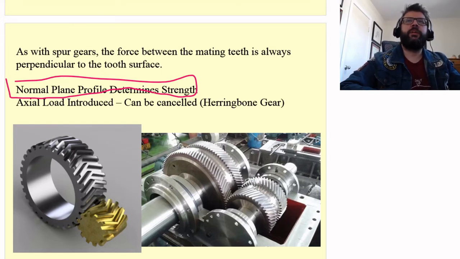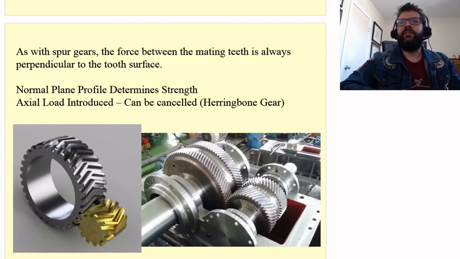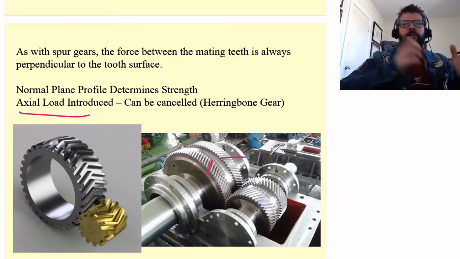The other thing that comes into play here is that since we have forces that are perpendicular to the tooth surface, and that tooth surface is no longer parallel with the axis of rotation, now we get an axial load that's introduced. Oftentimes that gets canceled out by using a pair of helical gears next to one another.